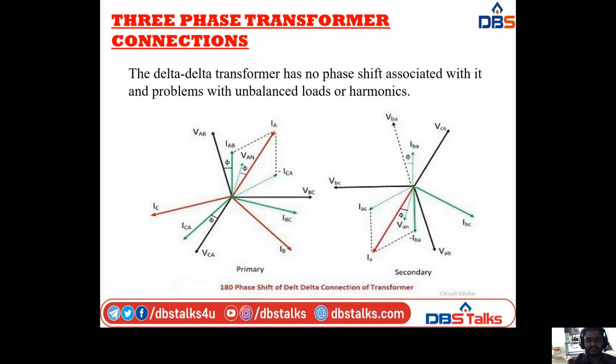If you observe, in the primary phasor diagram we are taking the current in this manner, but in the secondary we are taking it in this manner. So the delta to delta transformer has no phase shift associated with it, and no problems with unbalanced loads and harmonics like this.